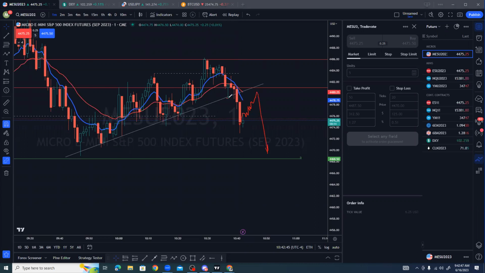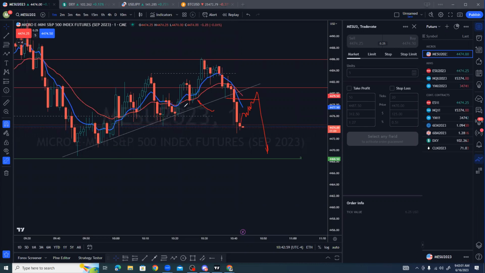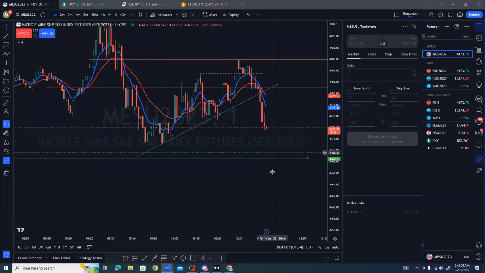We do have structure here from this wick that you can look at as kind of an entry, which also coincides with that structure. We also now have a break of these two structures with a fair value gap. I do like to see price come all the way down and break through the daily price line.